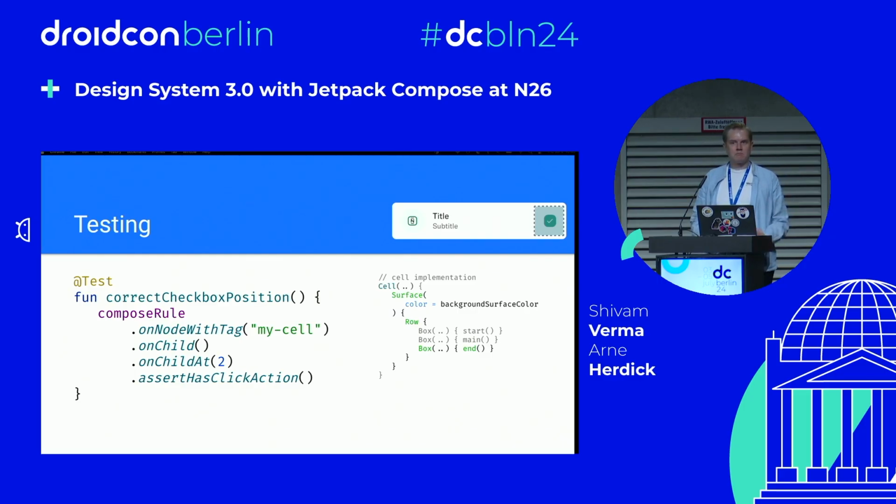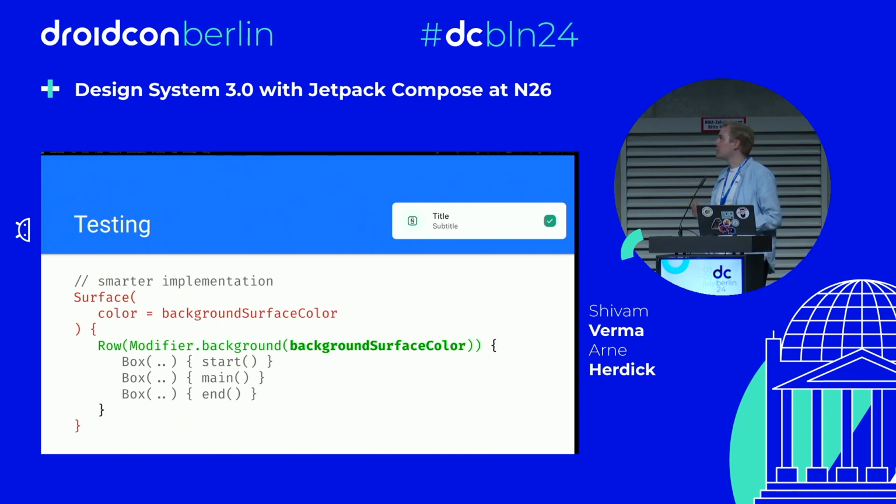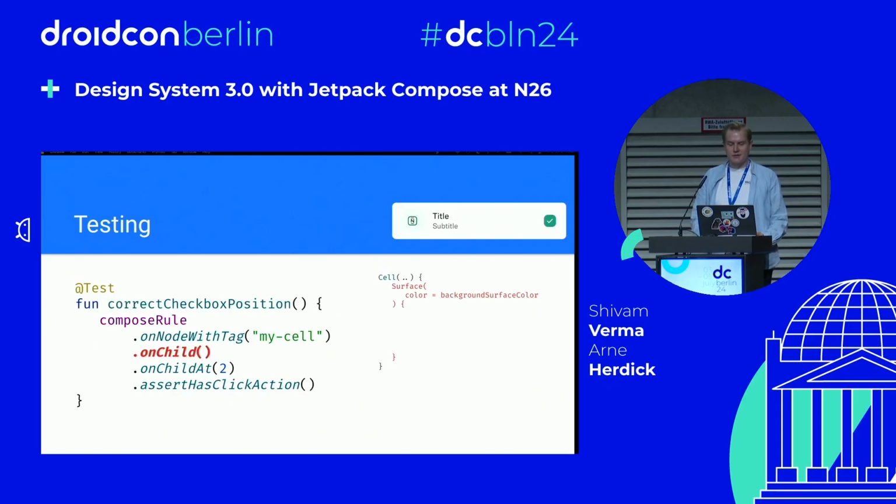And let's say now I have some time and I find a smart implementation. I don't actually need that surface. I can just put a background color on the row. And then you run the tests and you see this fails because the surface is no longer there. So the on-child runs into nothing. And yeah, basically we've guided our developers to write these implementation dependent tests.